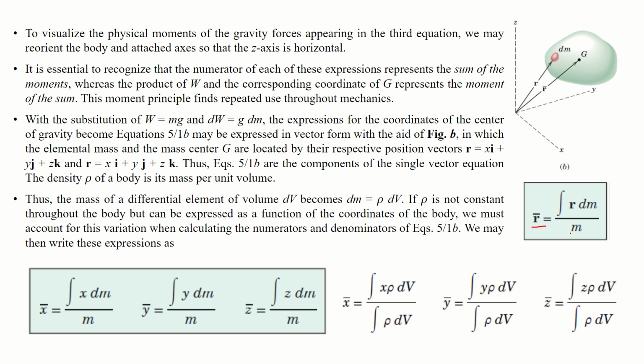Now the density of the body is its mass per unit volume. Thus the mass of a differential element of volume dV becomes dm equals rho dV. If rho is not constant throughout the body but can be expressed as a function of the coordinates of the body, we must account for this variation when calculating the numerator and denominator of this equation.